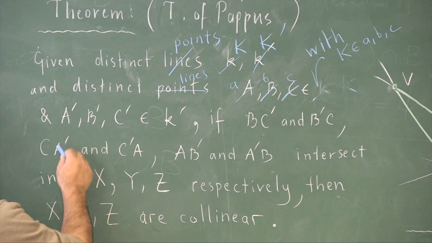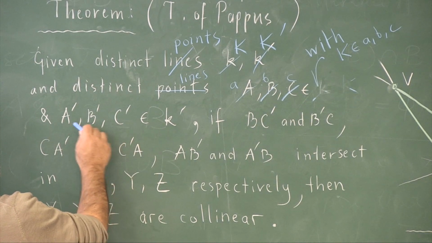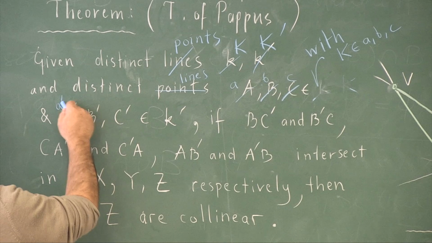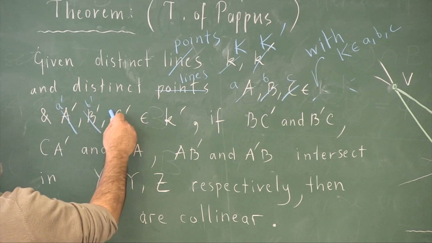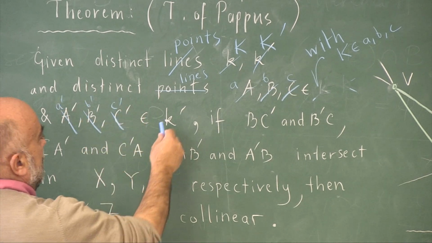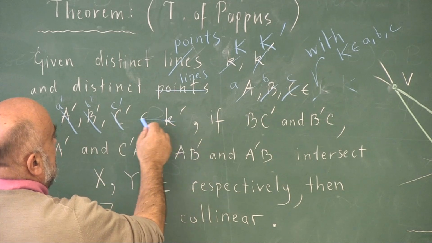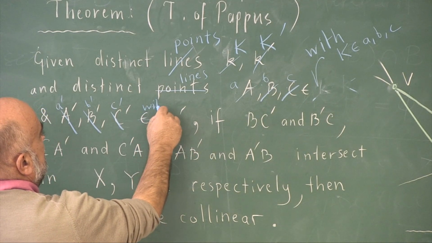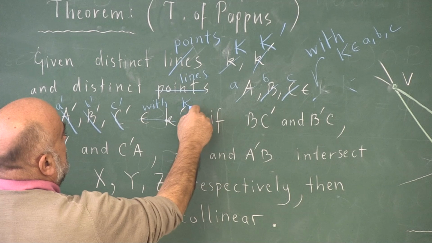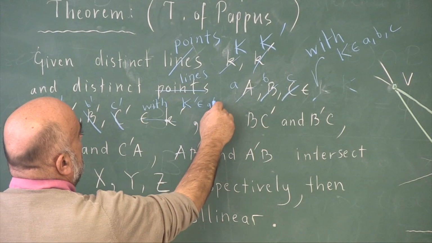And similarly, instead of points A prime, B prime, C prime, you take lines A prime, B prime, C prime, such that the point K prime will lie on them.